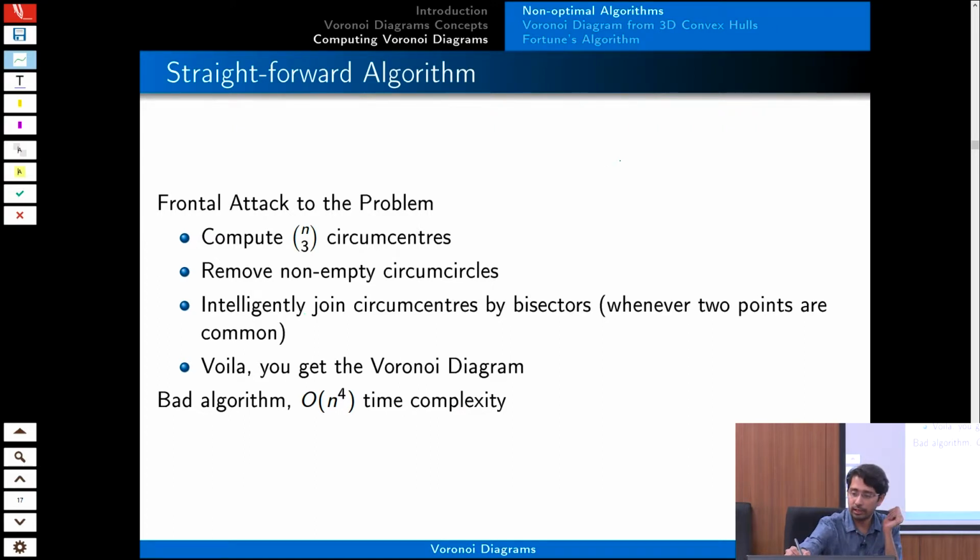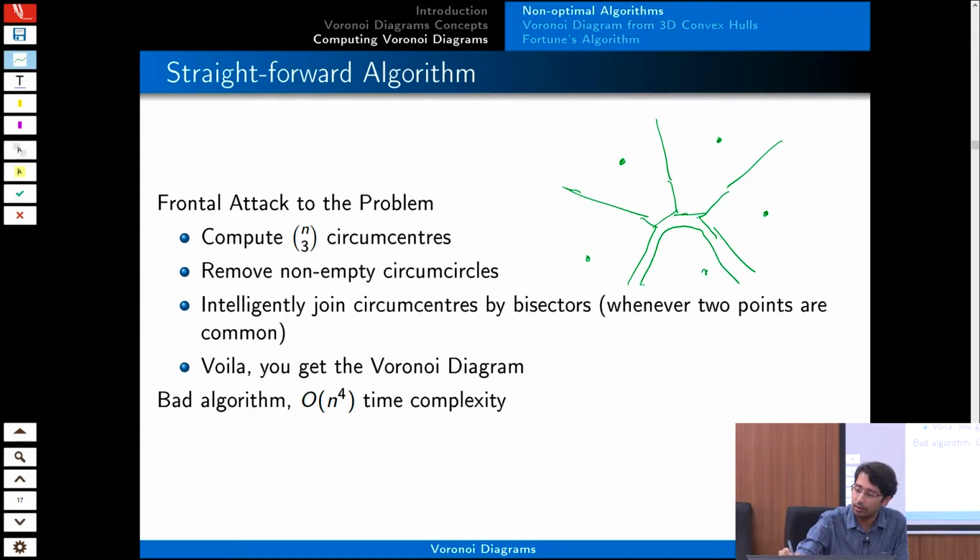For example, suppose I have this. So this is one cell. What is the complexity of this cell? 1 vertex, 2 vertex, 3 vertex. So, the complexity of this cell is 3.